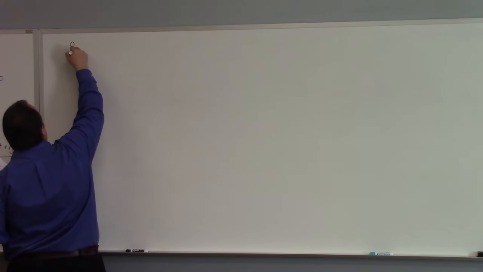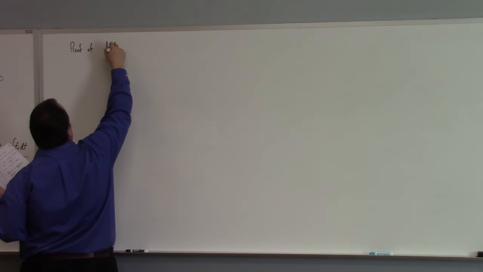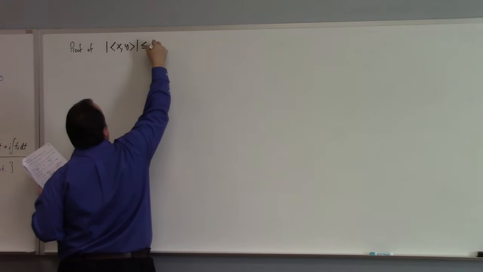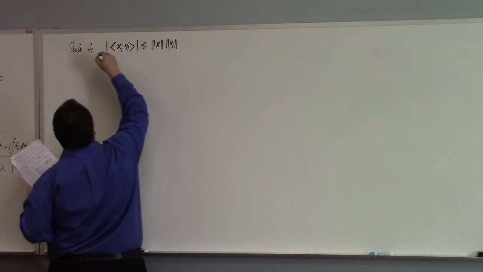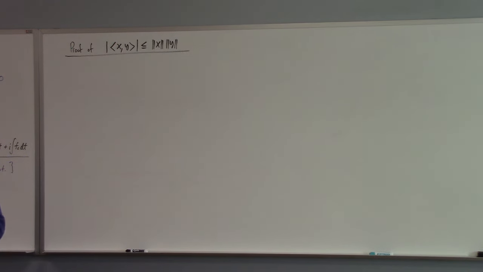We're going to look at the proof of, here's what we're trying to prove. The magnitude of the inner product of x and y is less than or equal to the norm of x times the norm of y. All right. And so the proof, the book starts out by pointing out that if y is equal to 0, it's obviously true. Do you guys agree?